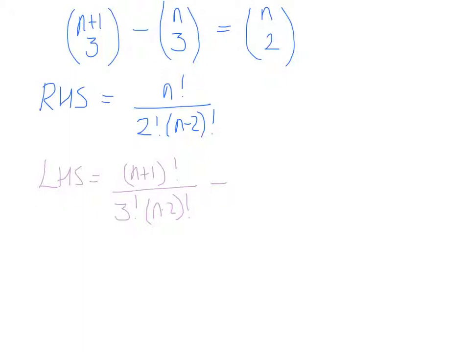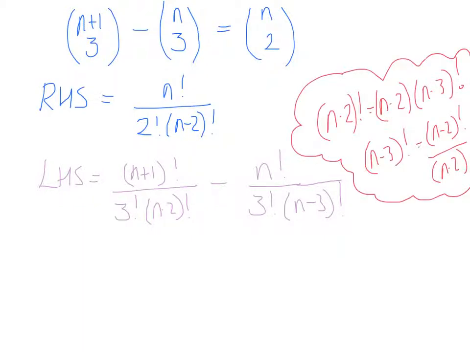Subtract n choose 3, which is n factorial over 3 factorial n minus 3 factorial. Now, I've got two fractions, so if I'm going to combine them, I'm going to need a common denominator. On the right hand side, my denominator had an n minus 2 factorial, which I have here, but I don't have here.